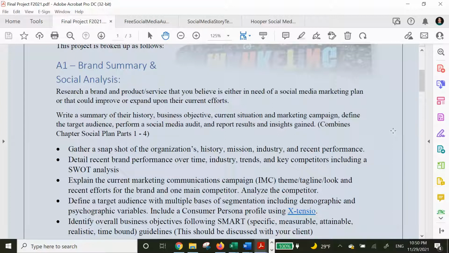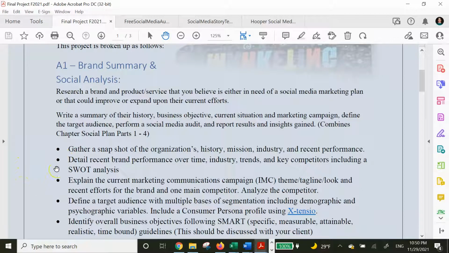What is their current situation? So it's just like a brief summary. And all that comes from the information that was on chapter social plans parts 1 through 4. So you're going to have a snapshot of the organization.